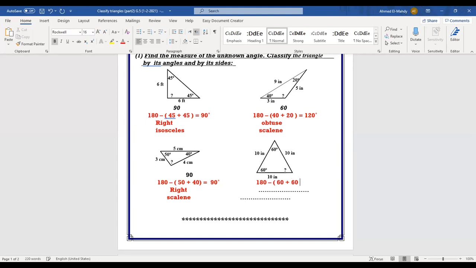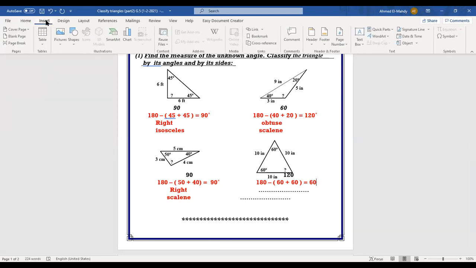Add first, Yasin. 60 plus 60 is 120. Then when we subtract 180 minus 120, it will be 60 degrees. Thank you, Yasin.